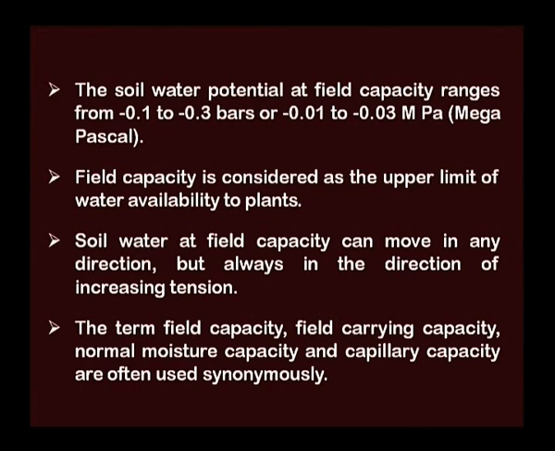Soil water at field capacity can move in any direction, but always in the direction of increasing tension. The terms field capacity, field carrying capacity, normal moisture capacity, and capillary capacity are often used synonymously.